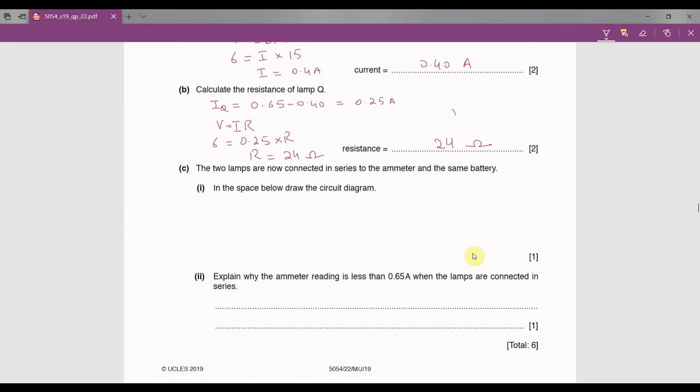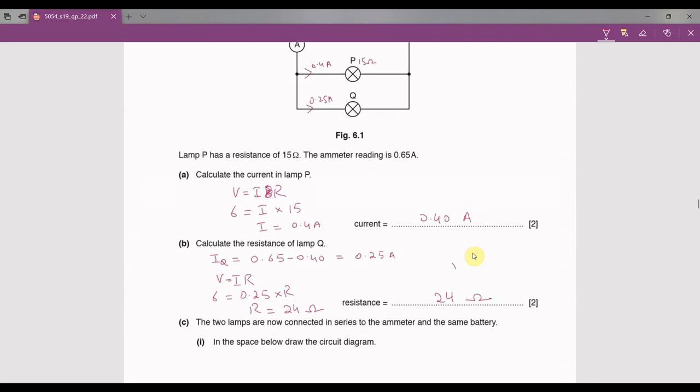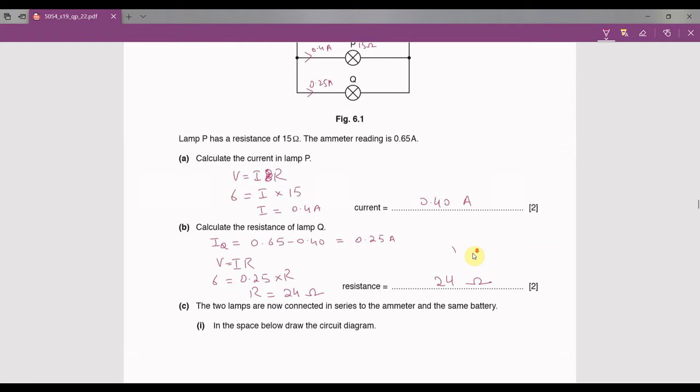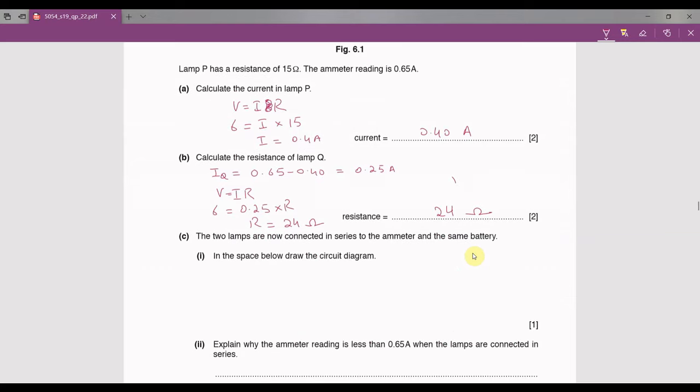The two lamps are now connected in series to the ammeter and the same battery. In the space below, draw the diagram. The battery is the same, but now the two lamps are not connected in parallel, they are connected in series with each other. Series and parallel is pretty simple.